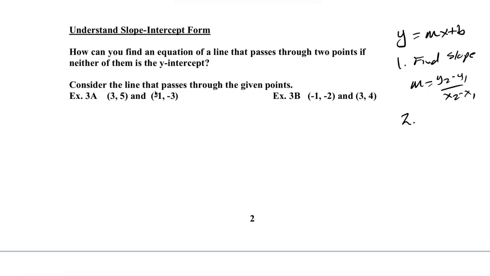Step 2, we're going to plug in, or sub in, the found slope back into the equation. And then once you're done, step 3, you're going to substitute any point into x and y to find b.